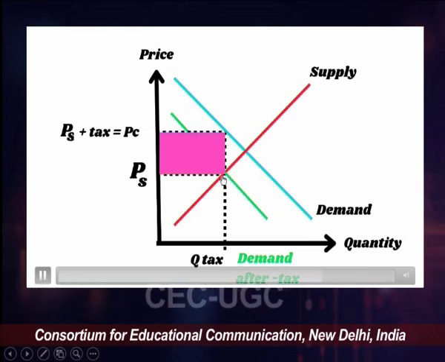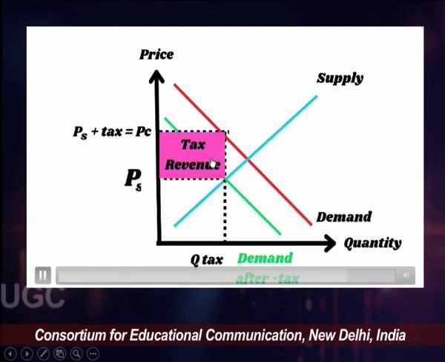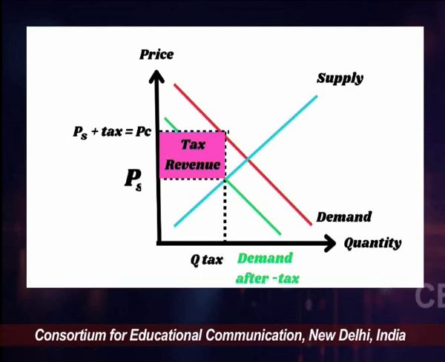And this area that is shaded in pink here represents the total tax revenue that the government will receive with the tax of T per unit, and the quantity being exchanged being Q sub-tax, which is shown here.